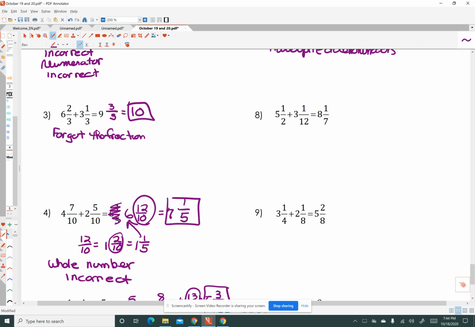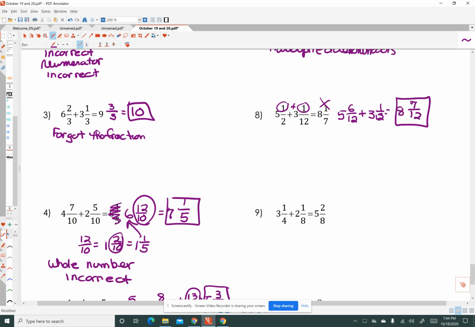Number 8, it looks like they did not compute the 1 plus 1 correctly. So our new denominator there should be 12ths, so that should be 5 and 6/12 plus 3 and 1/12, which would equal 8 and 7/12.